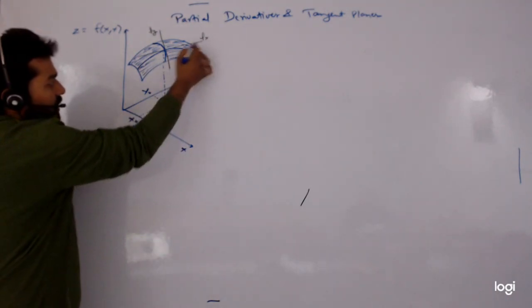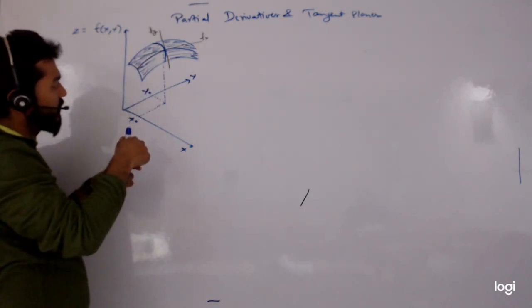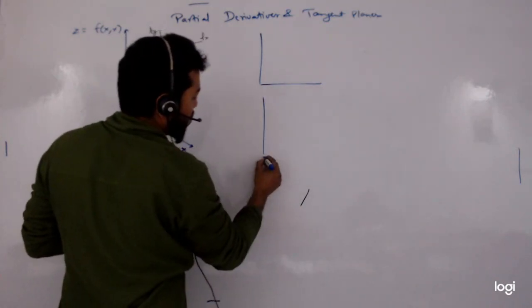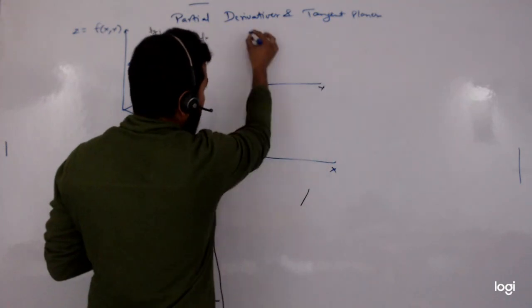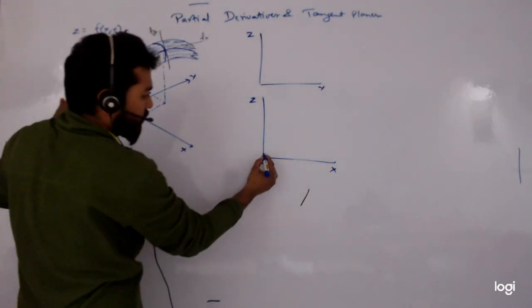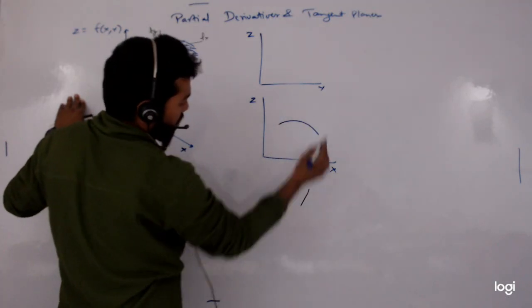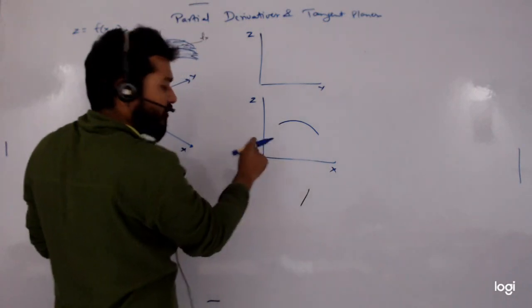This black one is tangent to this plane, okay, in 2D, we should have x and z and y and z. Okay, so we have this in 2D, and all along this the value of y is constant.